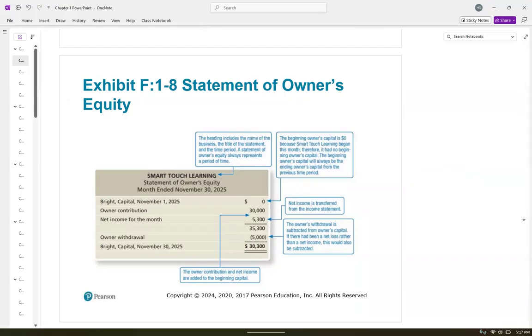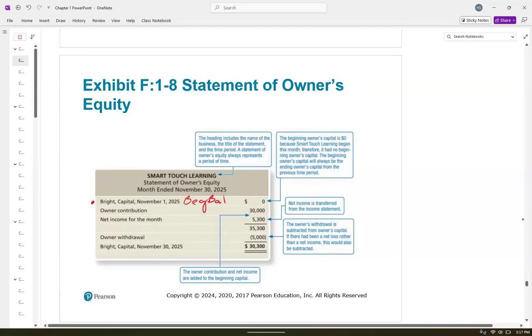So this is a beginning to end statement of owner's equity. Sheena Bright had 0 in it because this was a brand new business. Anytime it's a brand new business, the statement of owner's equity beginning balance will always be 0.